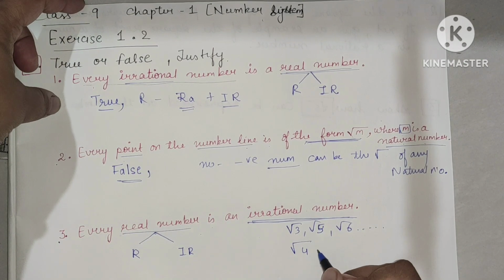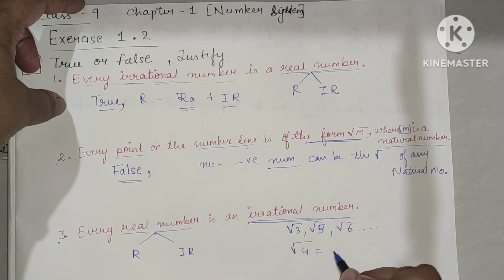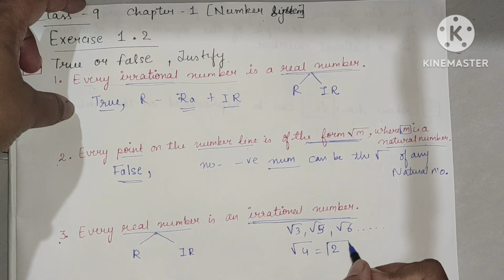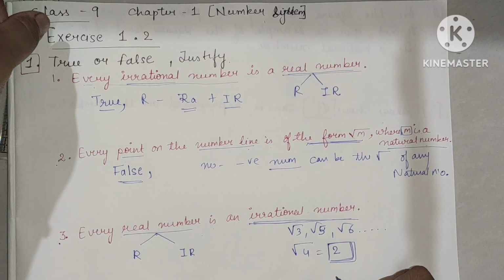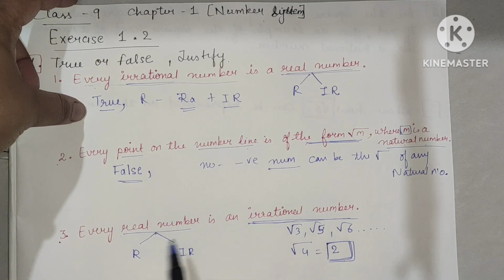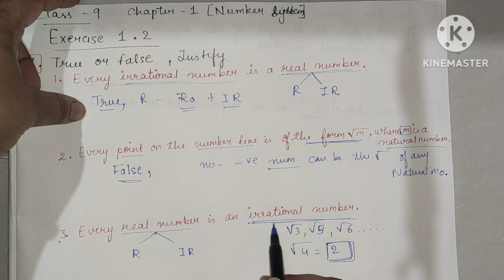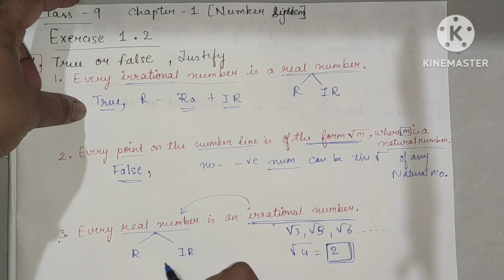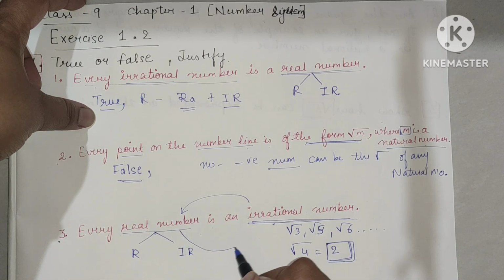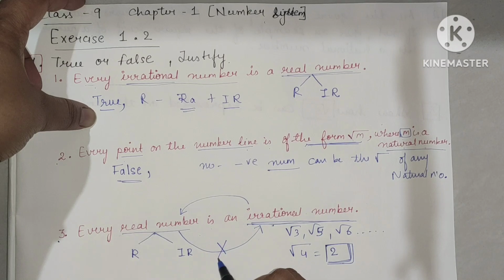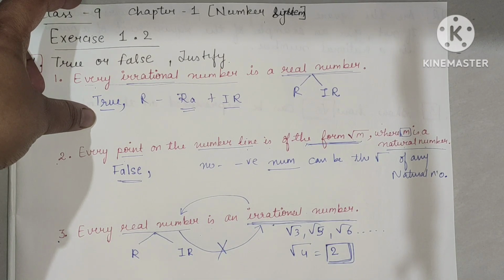Is root 4 rational? Yes, it's rational, because it is a perfect square. Therefore, every irrational number is a real number, but every real number is not an irrational number.